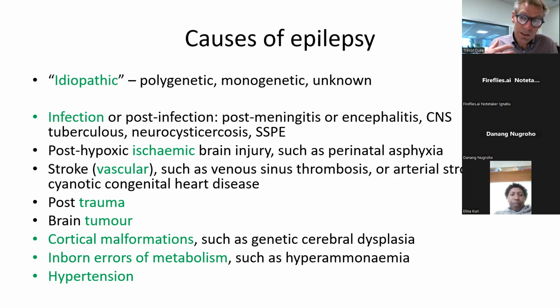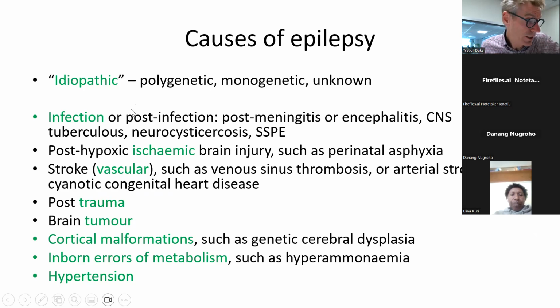And certainly in some countries, then infection is a more potent cause of epilepsy. Now, remember, epilepsy is not the seizure a child has when they have meningitis, but if they have seizures after meningitis, once the meningitis has resolved, then they have epilepsy, but it's an infection-based epilepsy.